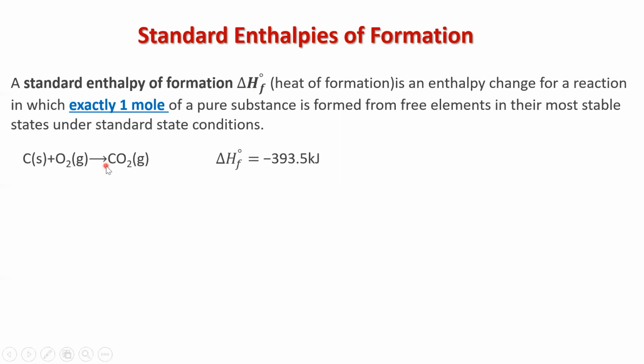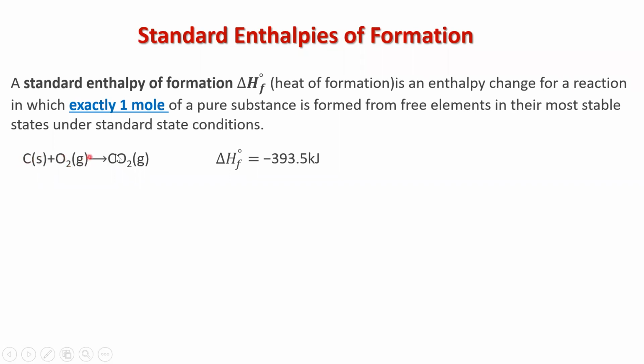So if we were to look at the formation of carbon dioxide from its elements, carbon dioxide is formed from carbon and oxygen. Carbon is a solid in its standard state. Oxygen is diatomic, and it's a gas at its standard state.